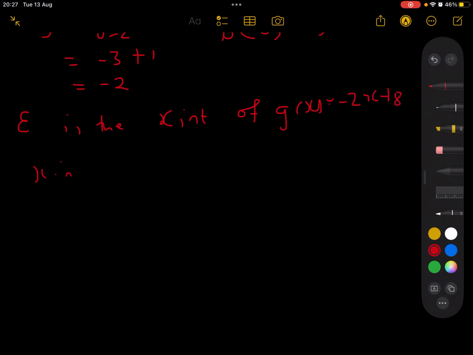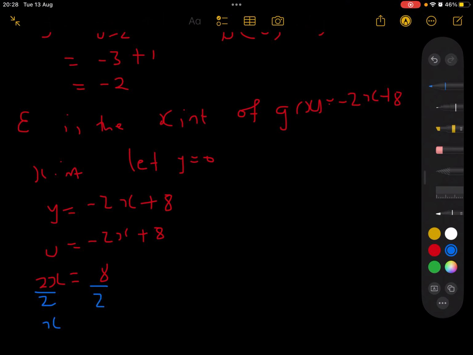For the x-intercept, we let y be equal to 0, so 0 is equal to negative 2x plus 8. Take negative 2x to the other side, and it becomes 2x is equal to 8. Then we divide both sides by 2, and x is equal to positive 4. Therefore, E is (4; 0).